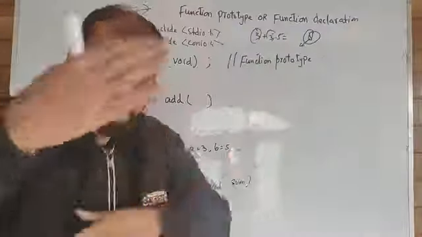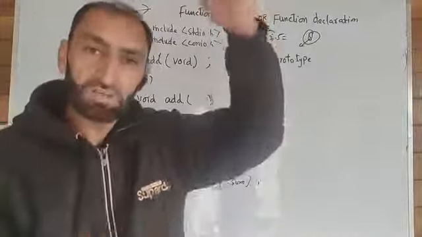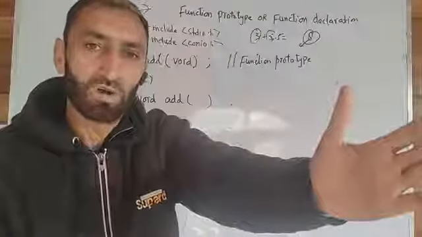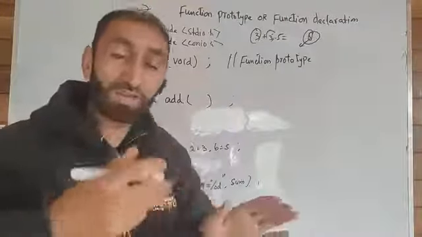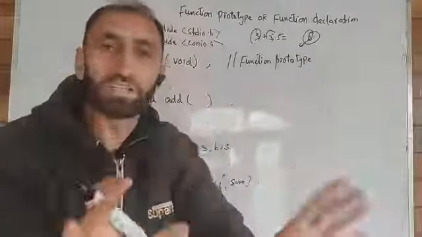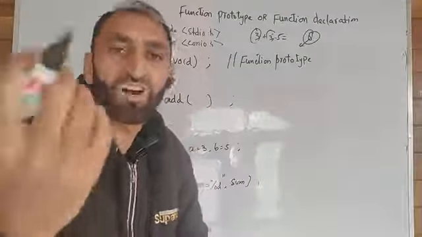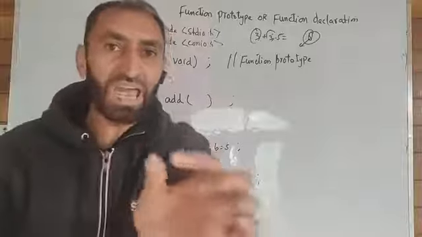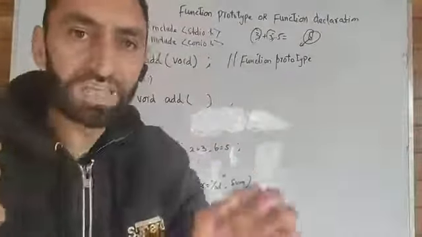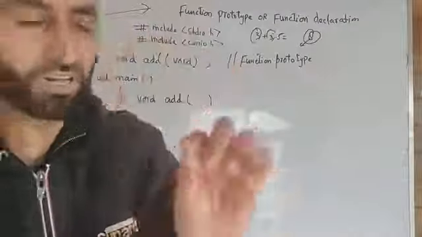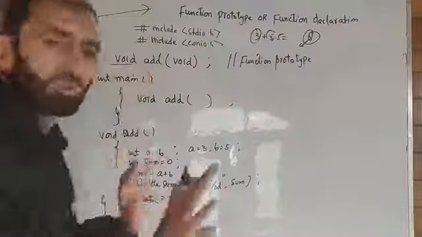Whenever a called function is going to return nothing, at that time we write the return type void. Void means nothing.